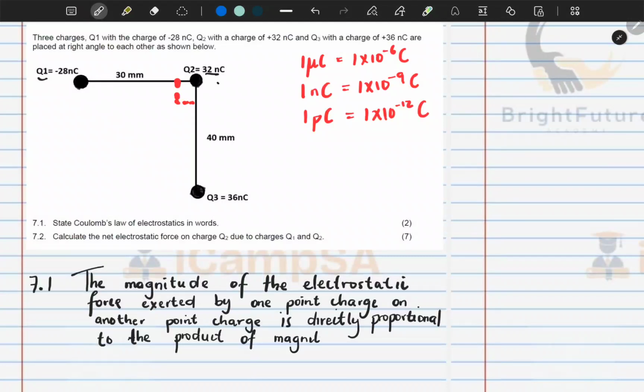Of course, you have to say magnitude, because when you say charges, it means something else. It suddenly looks like a huge paragraph, but I promise it's not that long.